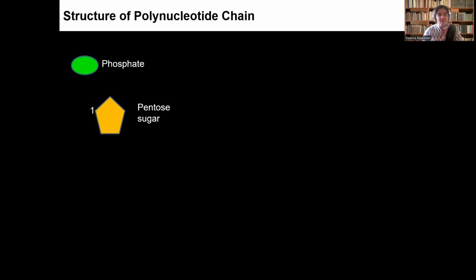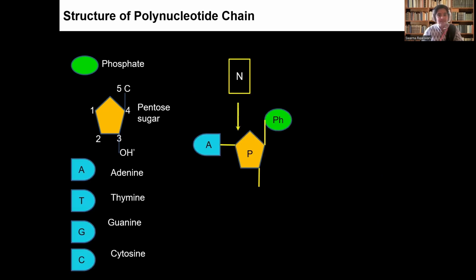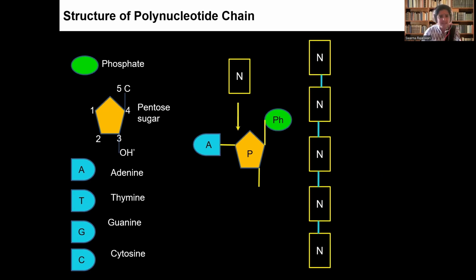And when we see the phosphate molecule, where it is linked, the phosphate molecule is linked to the 5th carbon in the case of DNA as well as RNA. So the phosphate will always be linked to the 5th carbon.